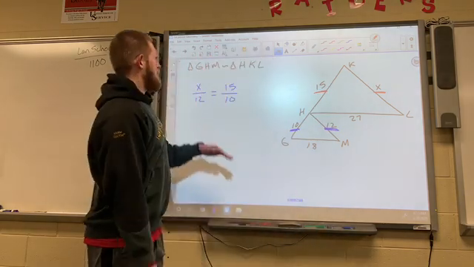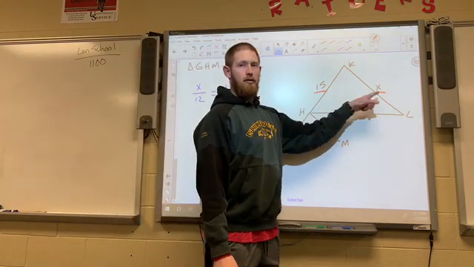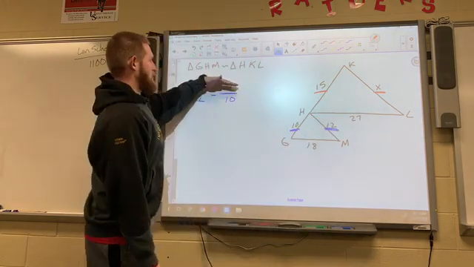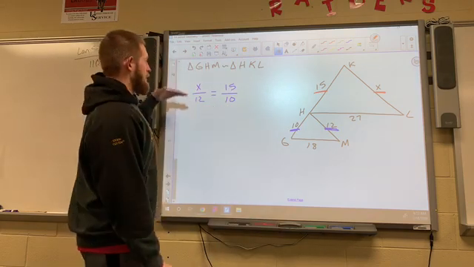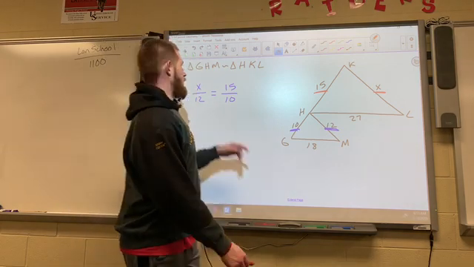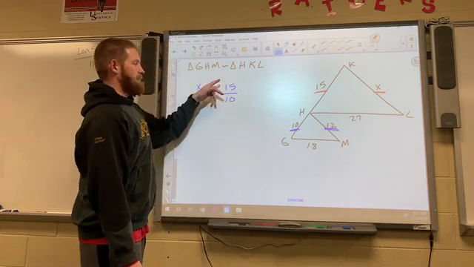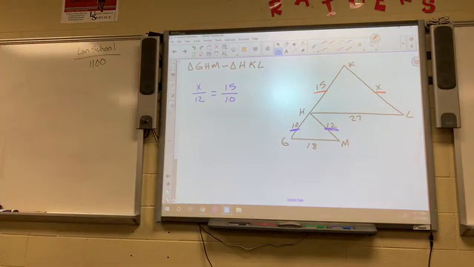Make sure that since x and 15 are in the same triangle, they are both on top, or you could have put them both on bottom, that doesn't matter, okay? But since I am setting up proportions, wherever the x is, top or bottom, the 15 needs to be in the same place, okay? Because they are on the same triangle.